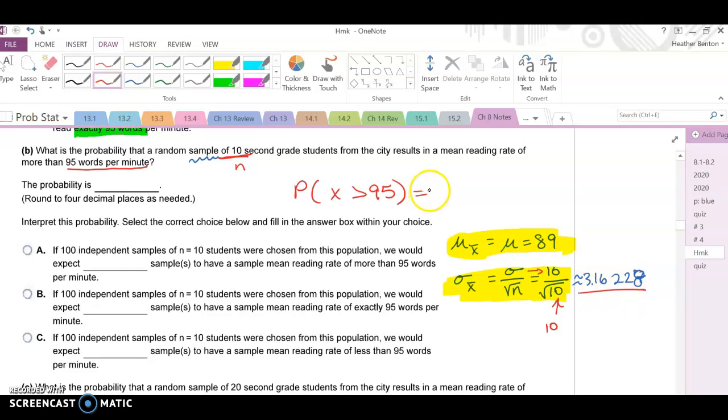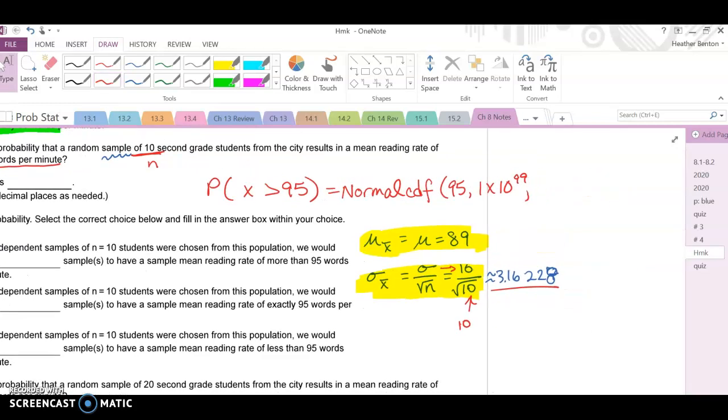And so when I put this in my calculator, we're doing normal CDF, with this time we're still doing more than 95. So 95 will be our lower limit. 1 times 10 to the 99 will be our upper. Our mean will be 89, and our standard deviation will be 3.16228.